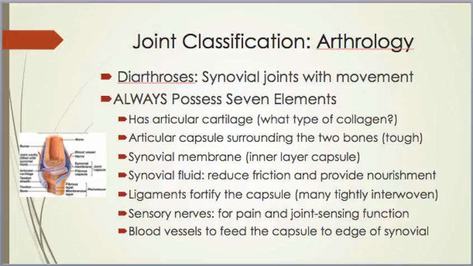It also must have a synovial membrane. Synovial membrane is essentially the very innermost layer of the joint capsule. And it interacts, of course, with synovial fluid, which helps reduce friction and provide nourishment to the joint itself. Now, the synovial fluid and the articular cartilage make the coefficient of friction within the joint very, very slippery.